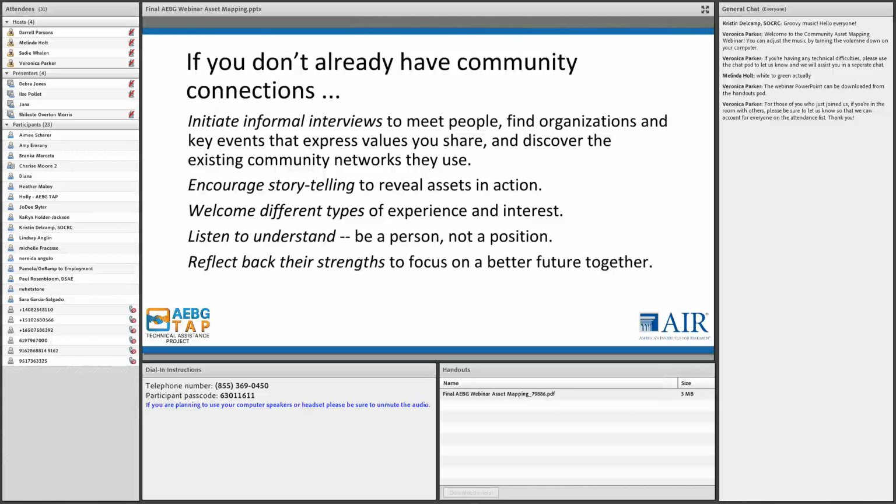You'll probably find out that they mention specific assets, the people, groups, and organizations, places, cultural resources, events that are elements in their success or in their enjoyment of their work, which is also really important. You write those down because those may be the people that you want to meet next or the places that you want to check out.